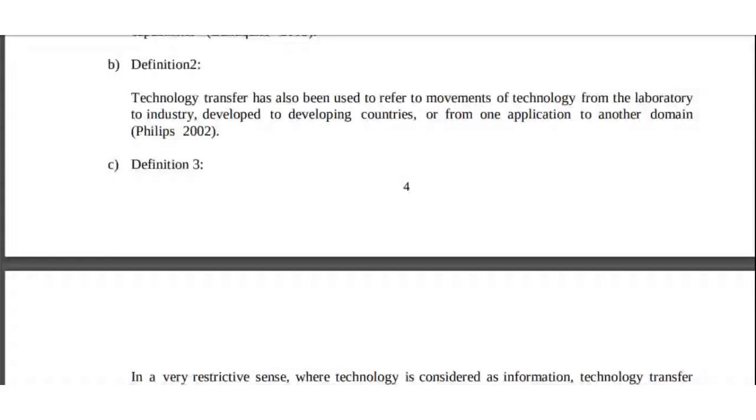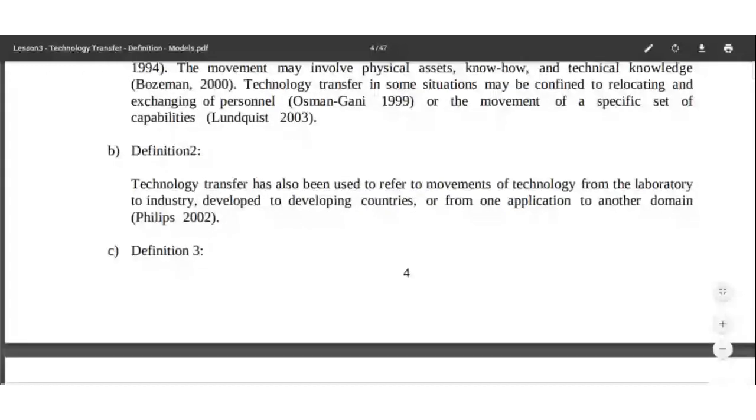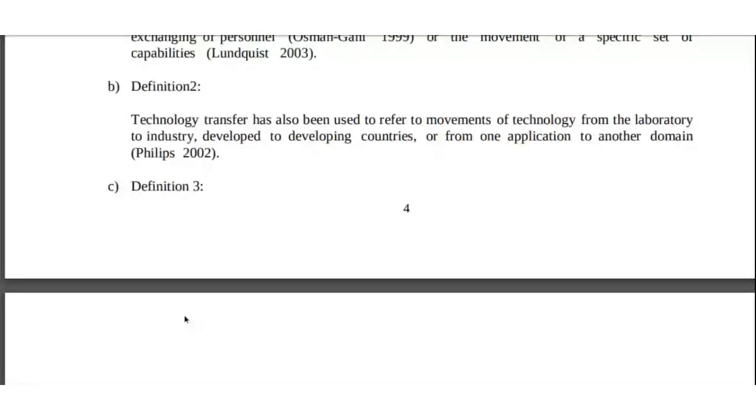So each of these, of course, is saying something important and which can actually guide us in looking at what we are to expect when we are talking about technology transfer. But of course, when it comes to responding to a question that is asking how would you define technology transfer, you are free to use any of these definitions, but make sure that you are quite clear in each case.